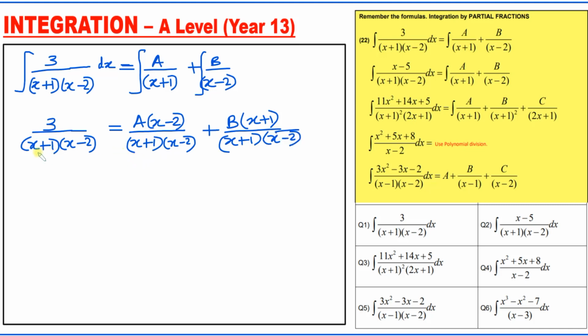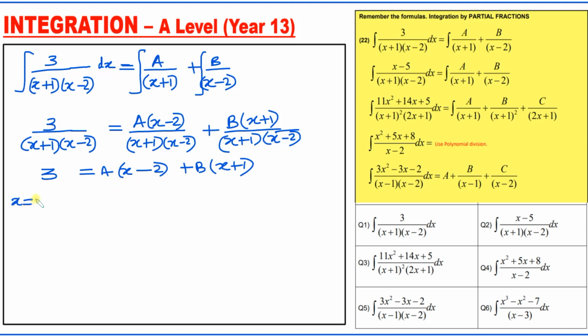The denominator is going to be the same, so you can equate 3 equals A times (x minus 2) plus B times (x plus 1). Now we can substitute certain values to find A and B easily.